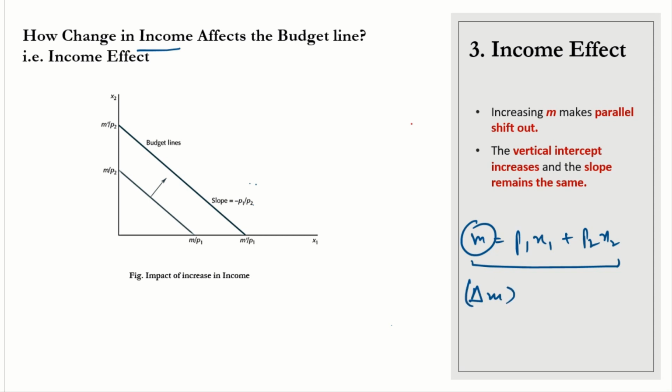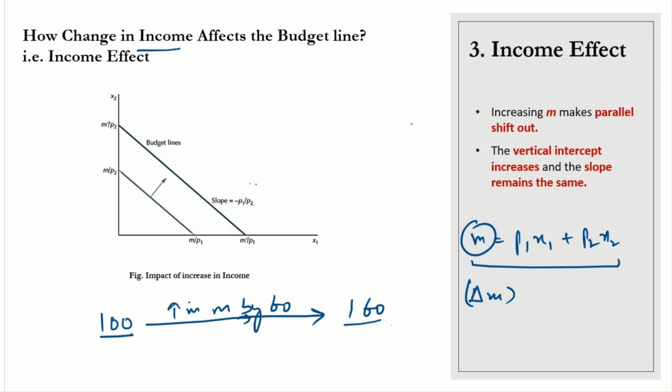Now we are taking a hypothetical scenario that a consumer has an option. Initially he had 100 rupees of income. Now his income increases by 60. Say for example by 60 rupees I am increasing his income.